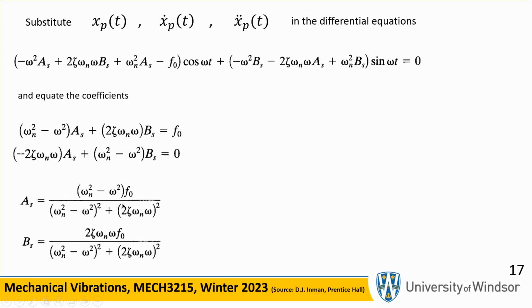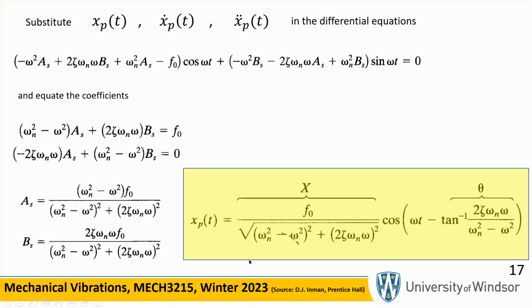We know AS and BS. And if you go back to the previous slide, write it, and then use this trick of when you have a sine and cosine of the same frequency, how do you combine it into a single cosine term?